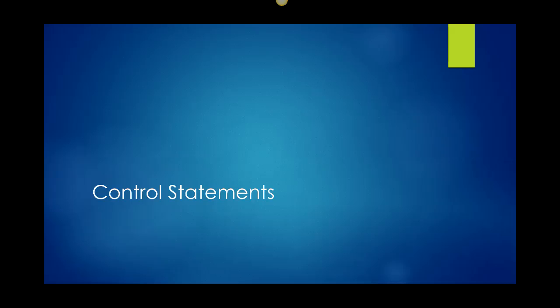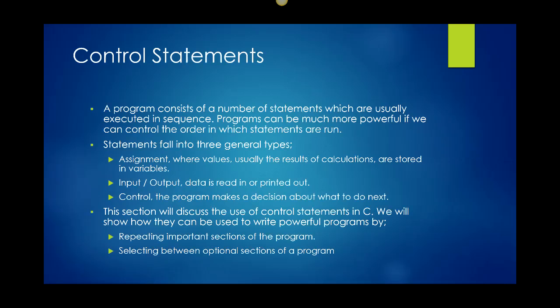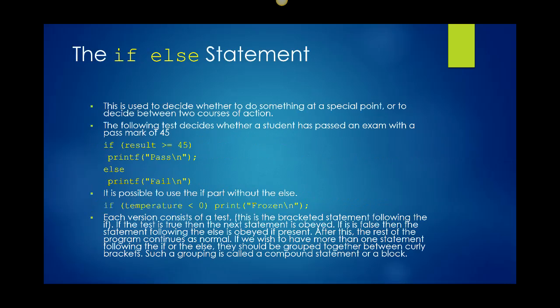What gives power to C language is the capability to do different things that are not known necessarily at compile time. At runtime, it may encounter different situations. So a couple of control statements that are of interest to us are looping, repeating, and conditional statements, if type statements. So let's look at the if statements, okay?